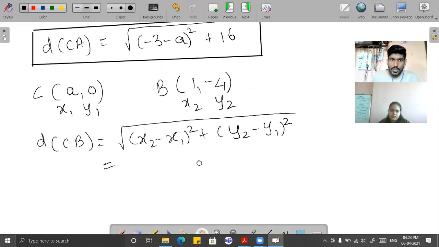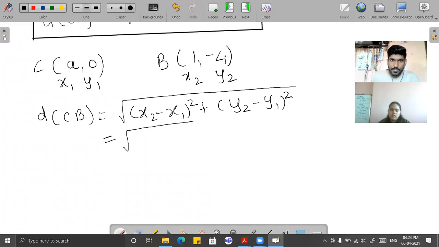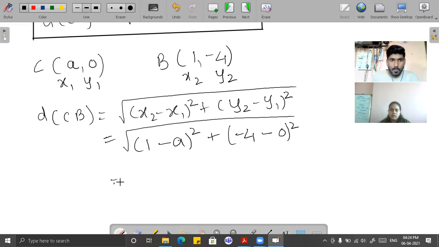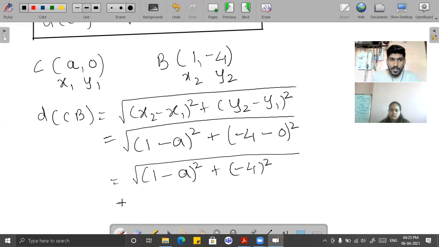Substituting the values: 1 minus A the whole square plus -4 minus 0, which is -4, the whole square.